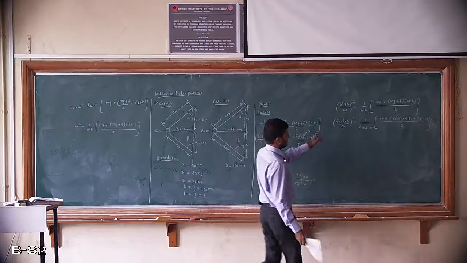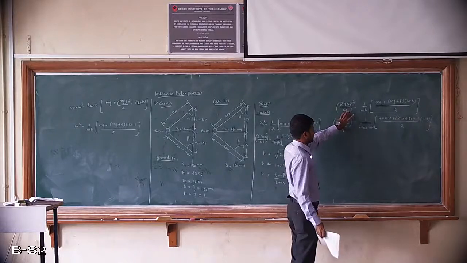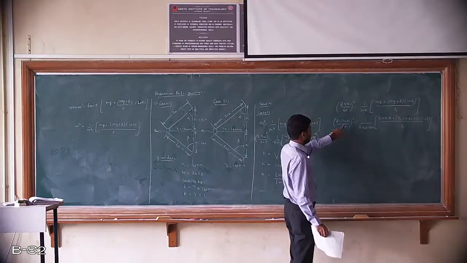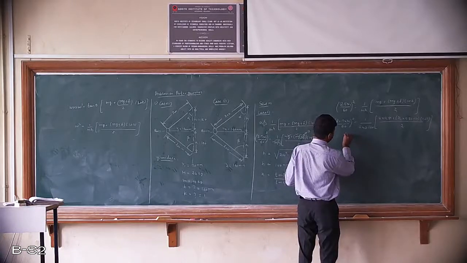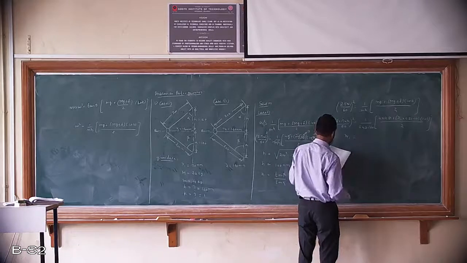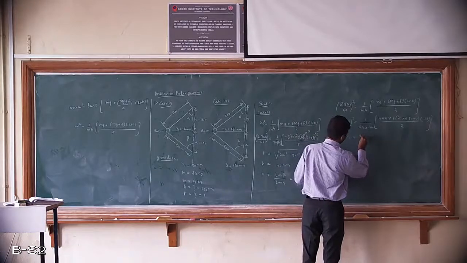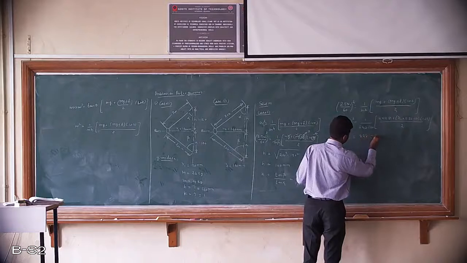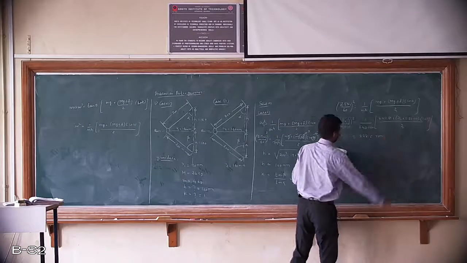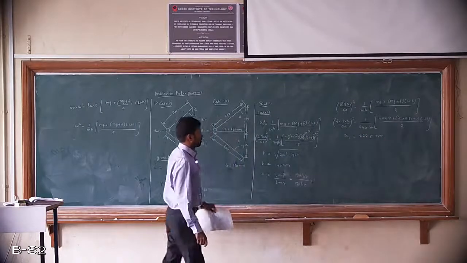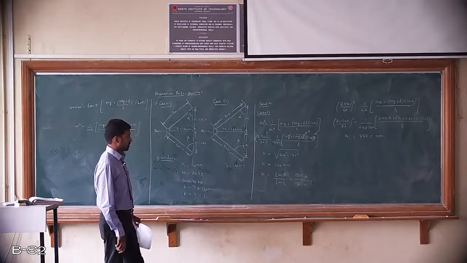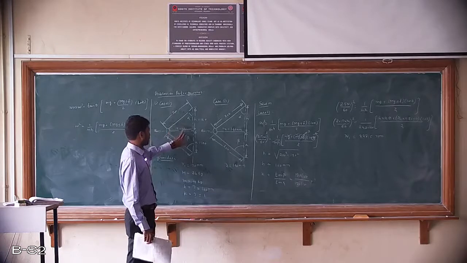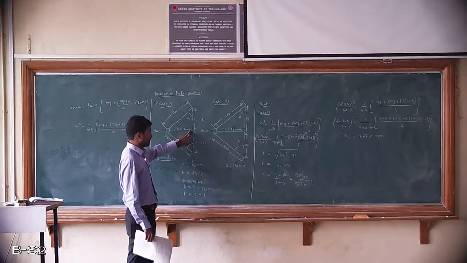Each and every value is substituted, so the only unknown term is n1 square. By substituting all values, you can calculate the value of n1 as 228.5 rpm. So we have got the value of n1 as 228.5 rpm. This is for case 1 when the radius is 120 mm.